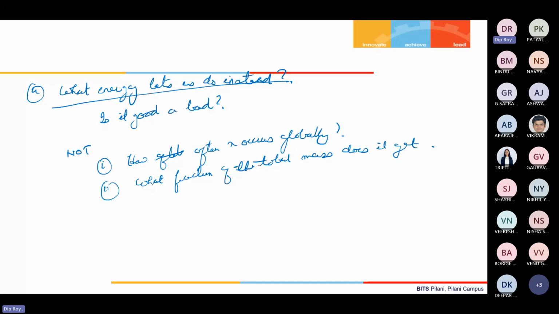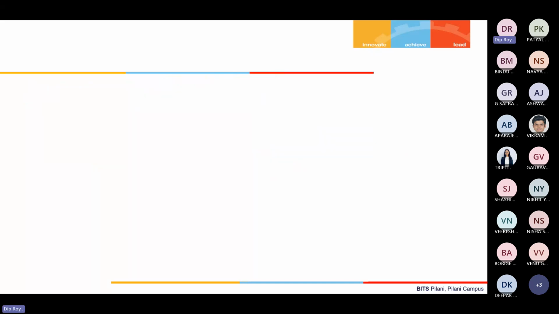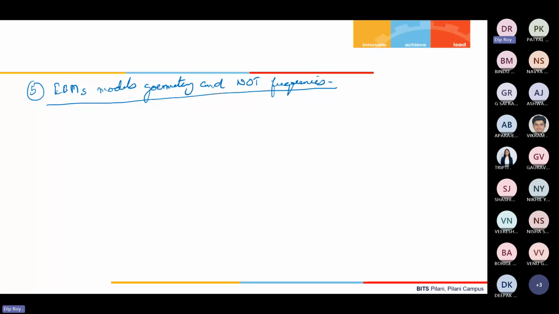Now, the key thing here, and what you need to remember, is that EBMs model geometry and not frequencies. What do we mean by that?